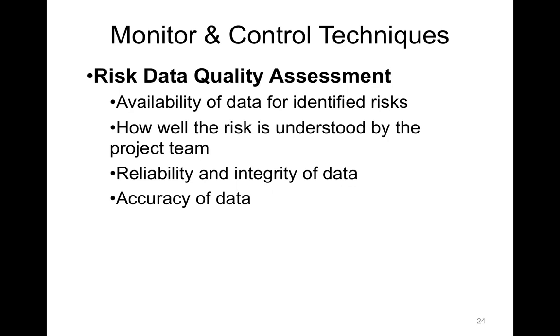So the availability of data for identified risks in a PMIS or any sort of database is only as good as the data that we have, and that becomes information through the form of reports that we can use. So we have to make sure the data is actually reliable and has integrity and is accurate before we can convert that into information we can use to analyze how well we're doing in a project and make decisions.